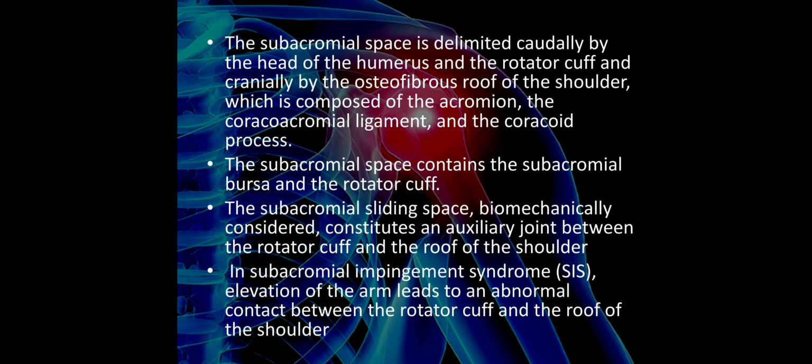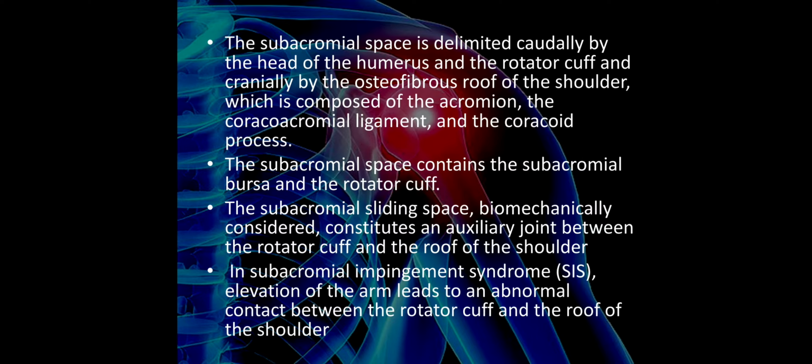The subacromial space is delimited caudally by the head of the humerus and the rotator cuff, and cranially by the osteofibrous roof of the shoulder, which is composed of the acromion, the coracoacromial ligament, and the coracoid process.